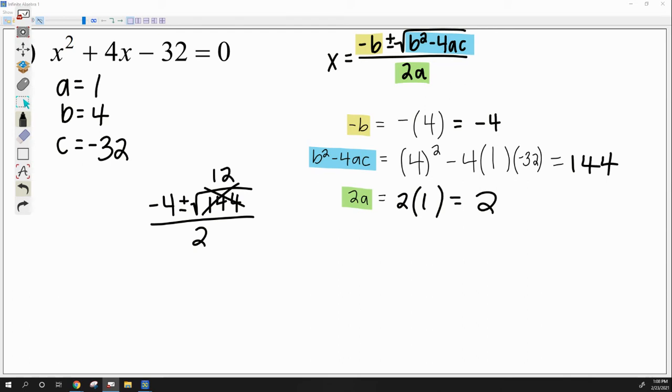So we're going to get our 2 answers now. One comes from adding, the other comes from subtracting. So negative 4 plus 12 divided by 2, and negative 4 minus 12 divided by 2.